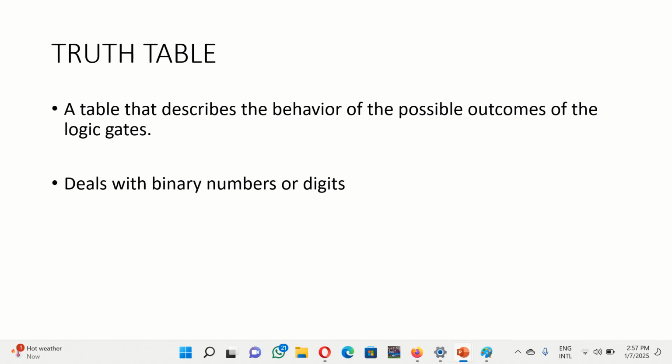In chemistry, we say binary compounds are compounds with what? Two elements. So here we have binary, which means two. In this regard, the two that we are talking about are 0 and 1. 0 and 1 are the binary digits we are going to use in this topic.